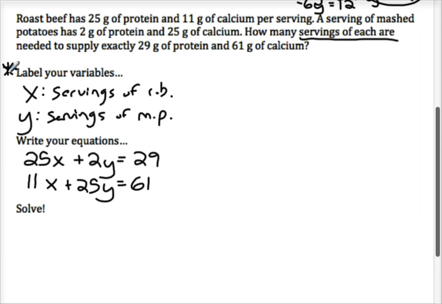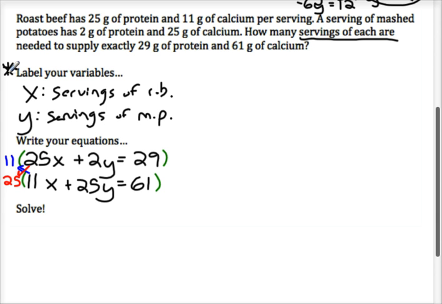When this circumstance comes up, the little trick that you can always use is you can always flip-flop those coefficients. So I need to multiply these equations by something, obviously. Well, I'm going to pull up that 11 and multiply my top equation by that 11. And then I'm going to pull down that 25 and multiply my second equation by 25.